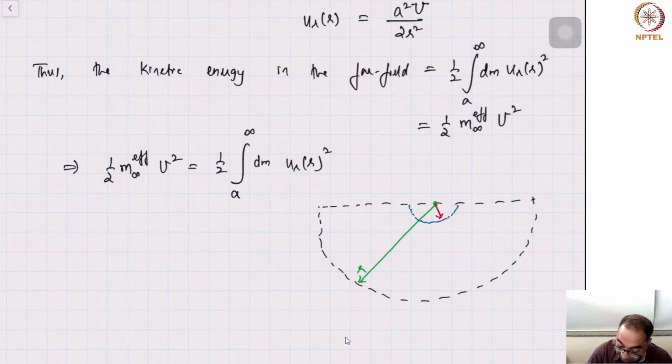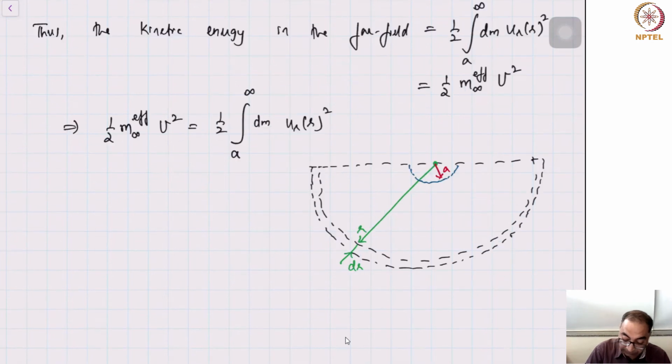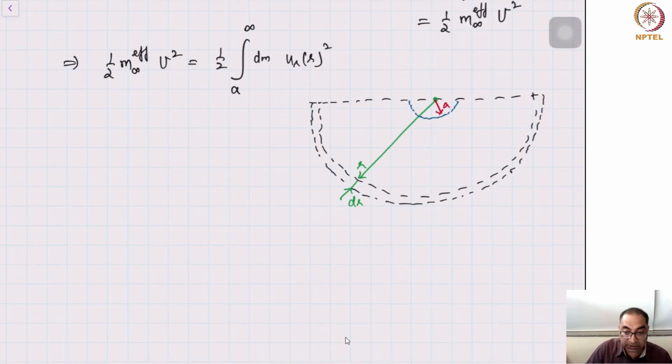This is at r equals a. And I'm basically taking a small radial region of thickness dr. So I'm taking a small spherical shell, and I'm integrating it from a to infinity.